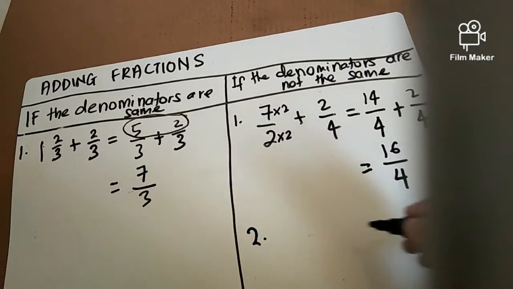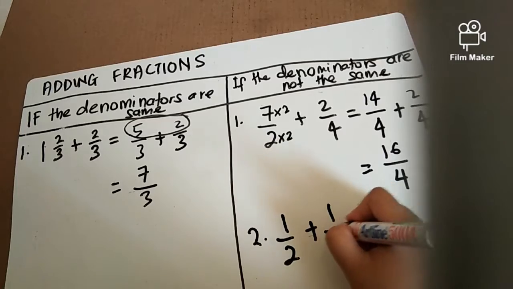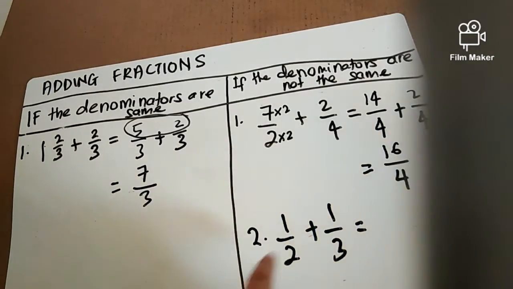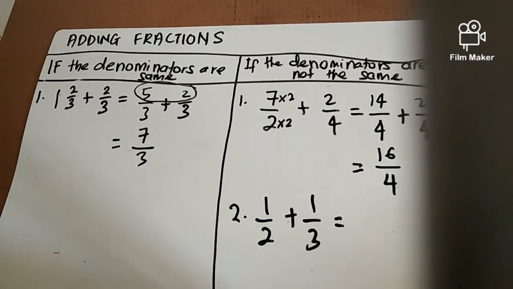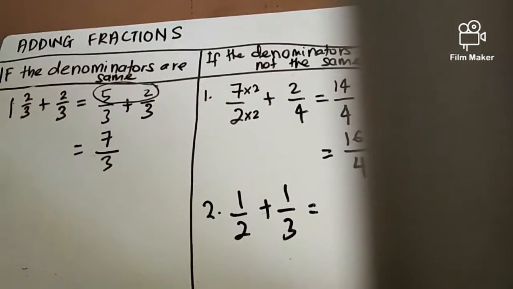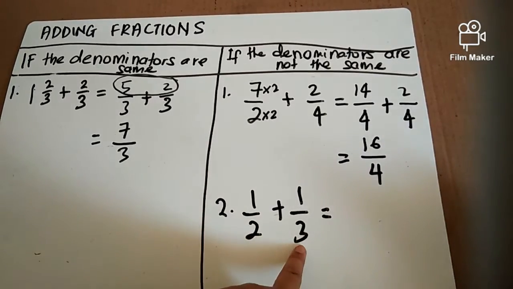Second example, 1 over 2 plus 1 over 3. You have to make the denominators equal, the same number. Now, what times 2 equals 3?